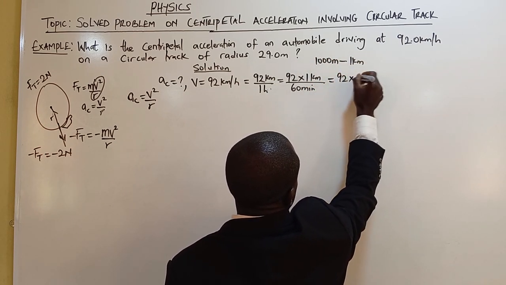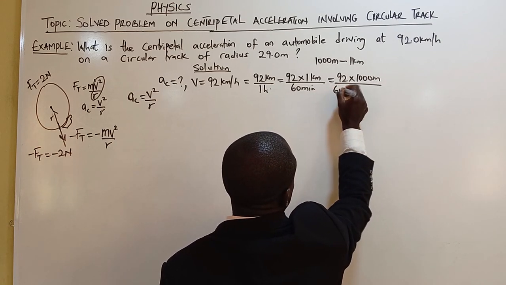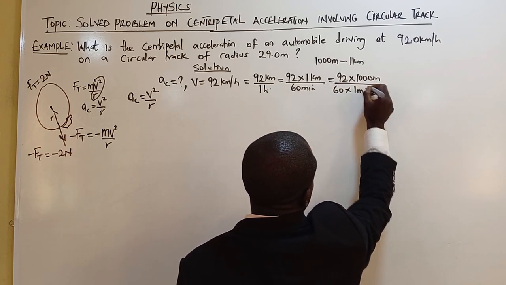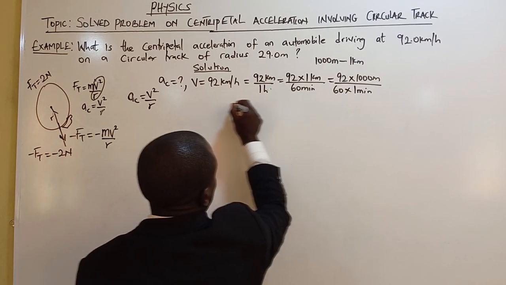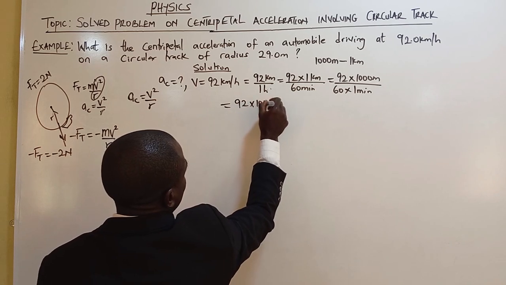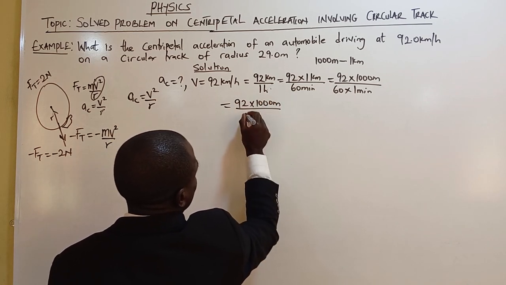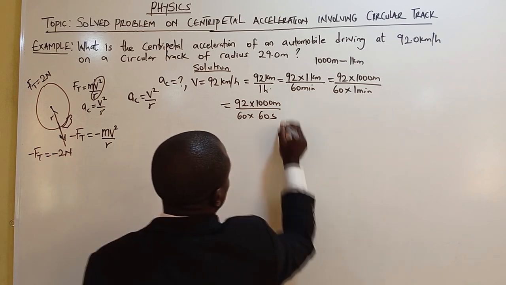Now I have 92 times 1000 meters over 60 times 1 minute, because 60 times 1 will still give you 60. You have 92 times 1000 meters divided by 60 times 60 seconds. 60 seconds make 1 minute.